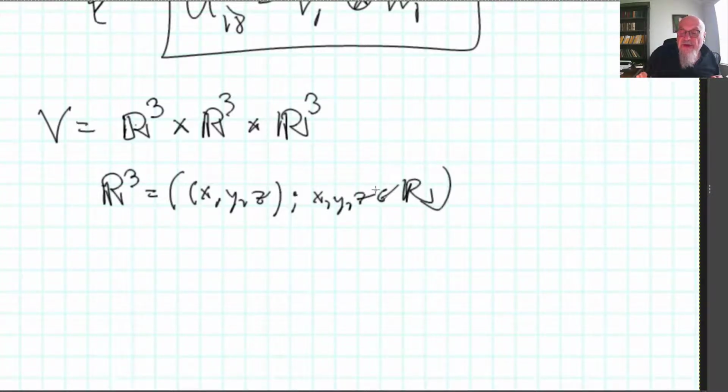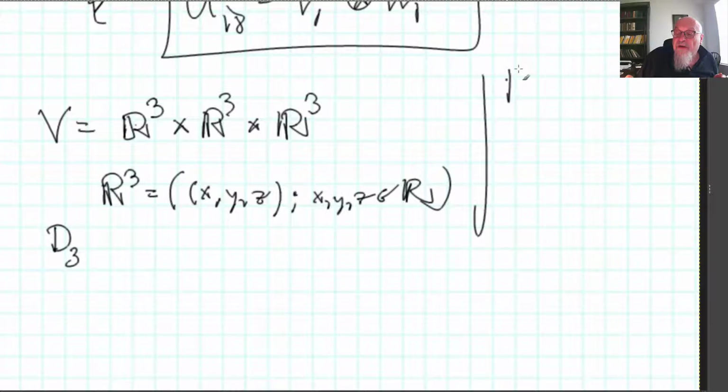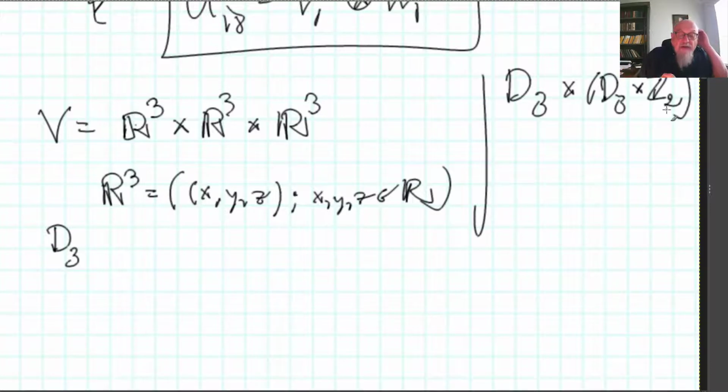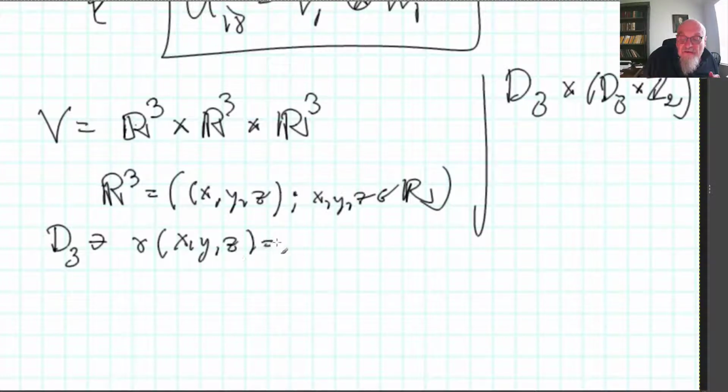And now I can define the action of the first group D3. So remember, we have here D3 times Z2. So how does this D3 act? I take here the generator, the rotation, and the rotation will just permute these coordinates. So I write it down. This x goes to, so this will be y, z, and x.